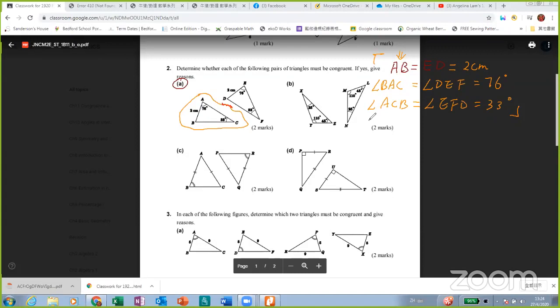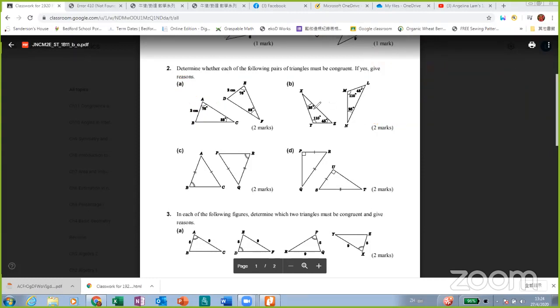And then at the end, the result after you have this information is that triangle ACB is congruent to triangle EFD. Based on all this information, in short, I have AAS: two angles and one side. Right, then we go to the next one.